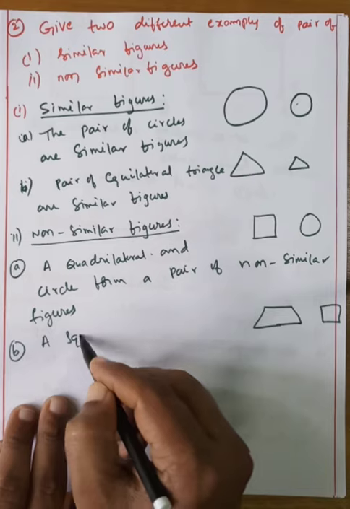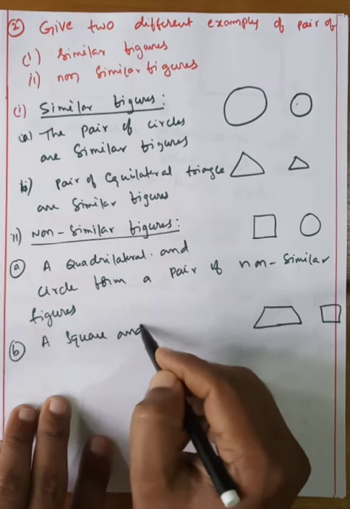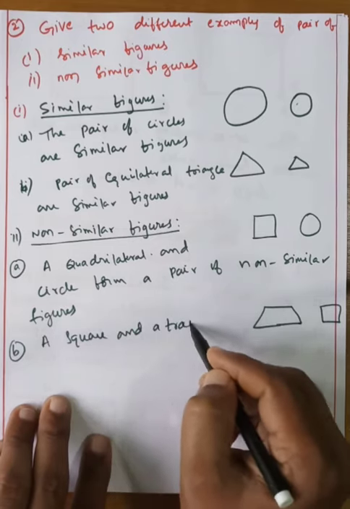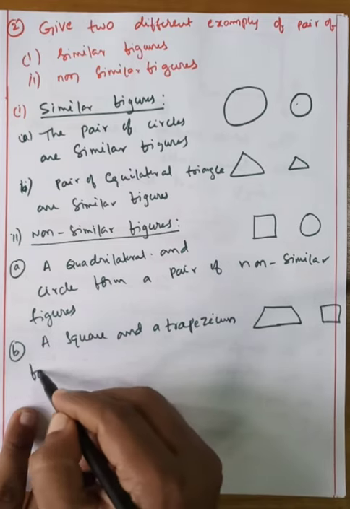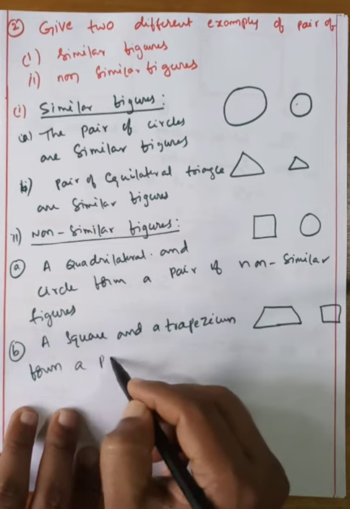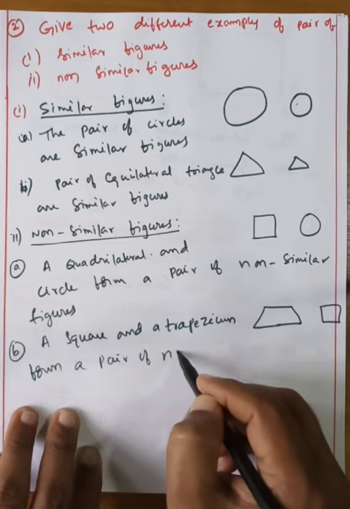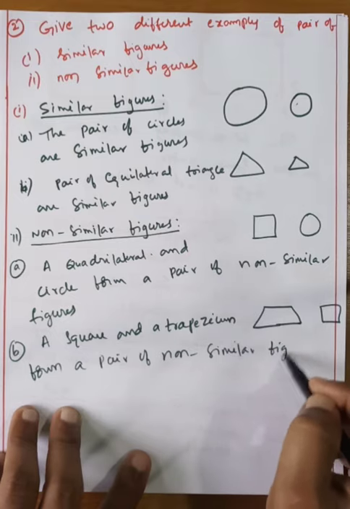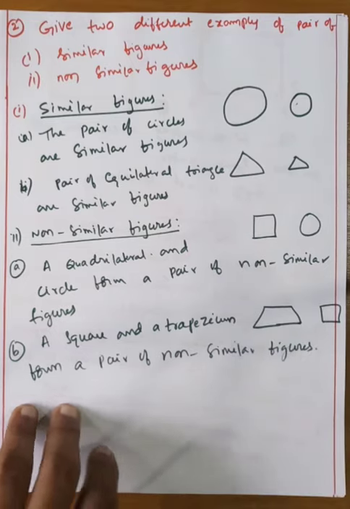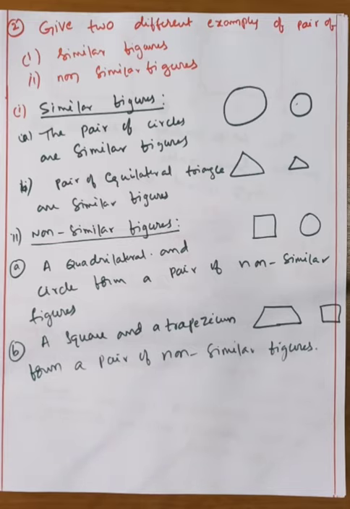A square and a trapezium form a pair of non-similar figures. I hope that you understood or not. Yes, in this way we will give the examples of similar and non-similar figures.